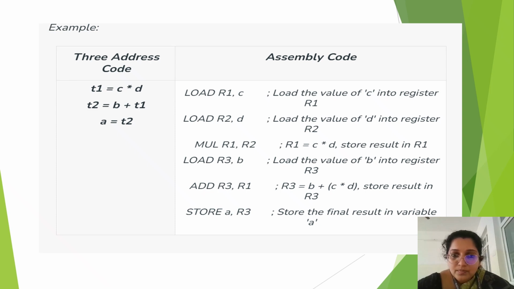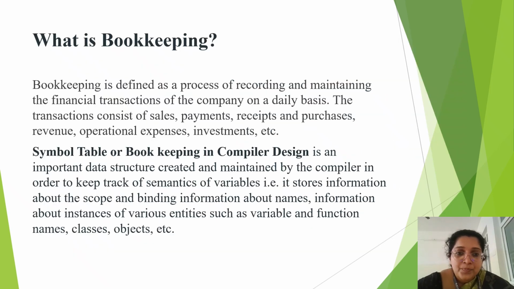Okay. Now what is bookkeeping? In libraries, you can see the books which are stored, and we keep them on a shelf. Like that, the symbol table is a type of bookkeeping in which we are storing all the information. If you go to a library, you can see a place where all the information is stored, like an index page.